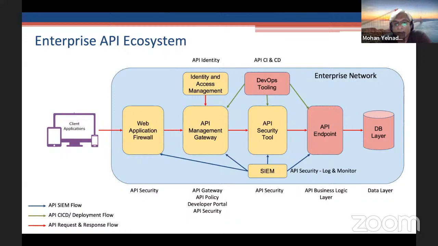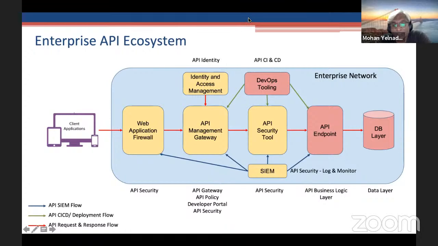And then you have the deployment, where in the DevOps tooling, you have a CD pipeline or a deployment pipeline that basically deploys the new or enhanced APIs at the API endpoint level. So that's how the interaction happens from the DevSecOps tooling with the main API ecosystem.